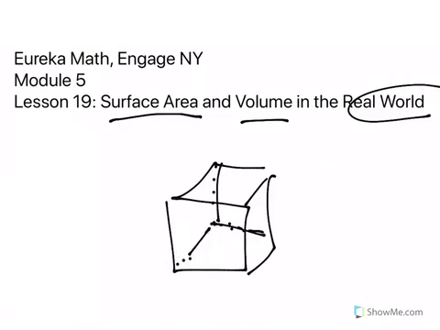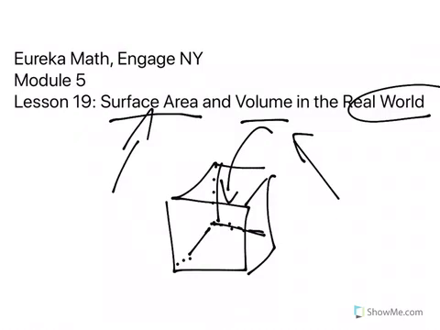The front, the side, the other side, and the back, and also the top and the bottom. But it's only covering that. So think about it, if you were going to put wrapping paper on this box, you would only cover the outside. That's surface area. Volume is going to be what goes inside the box.